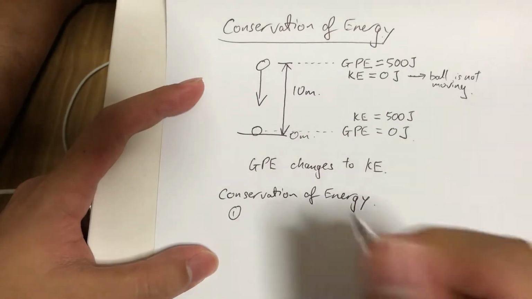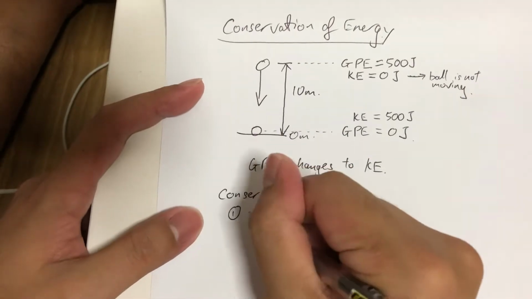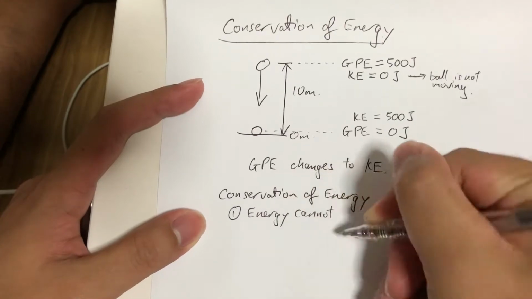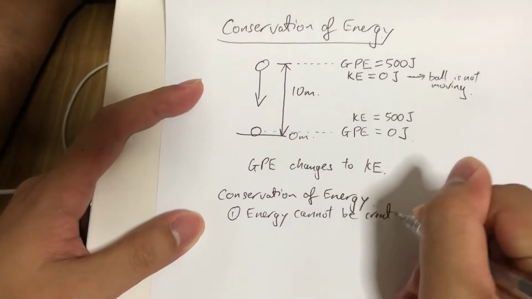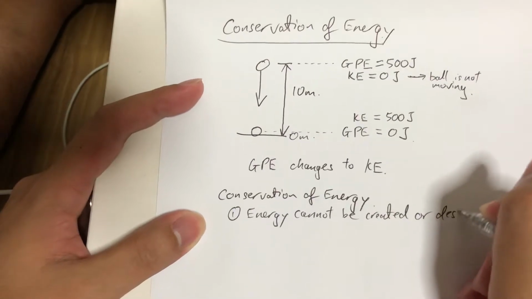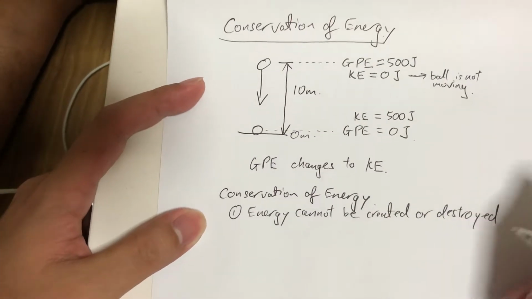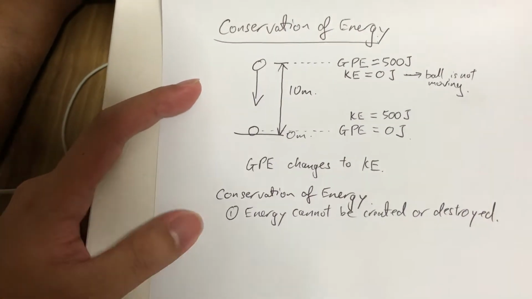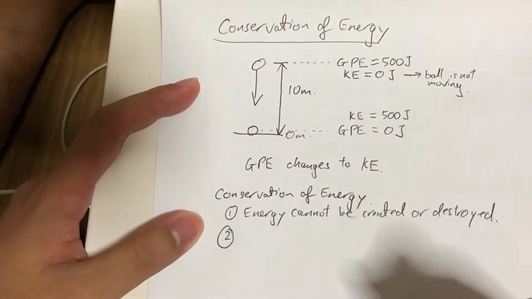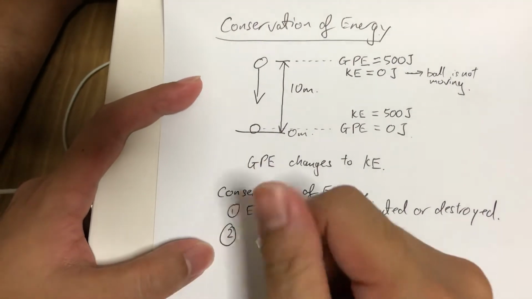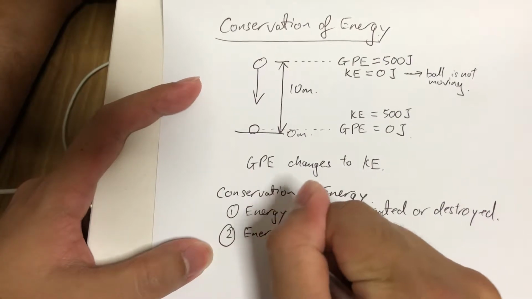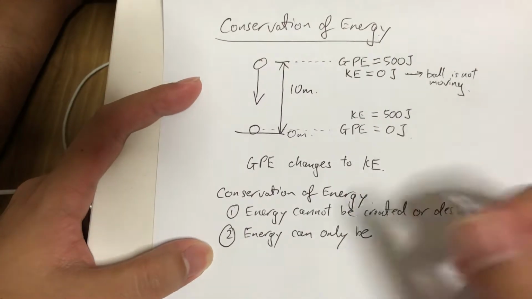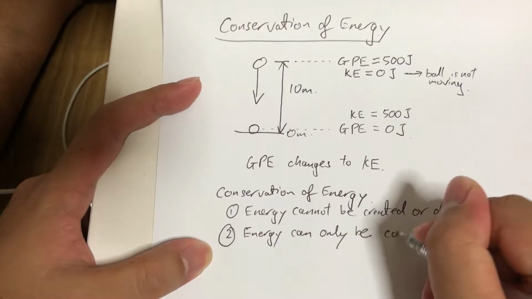The first part states that energy cannot be created or destroyed, which means you can't magically produce energy out of nowhere, neither can it just disappear. The second part states that energy can only be converted from one form to the other.